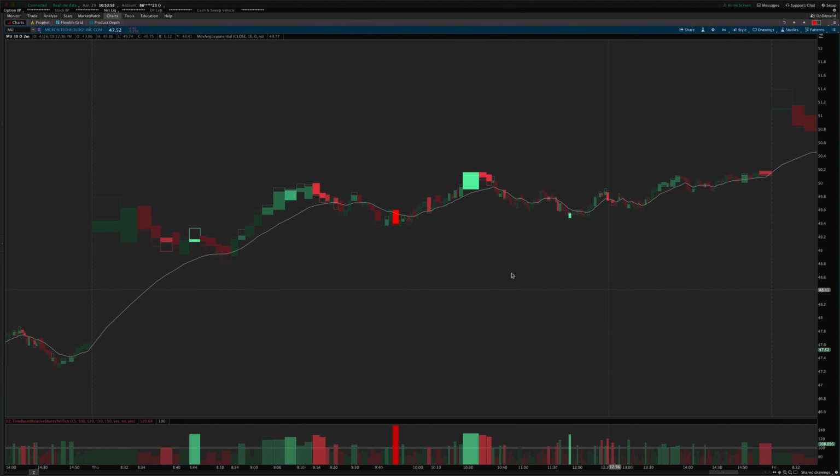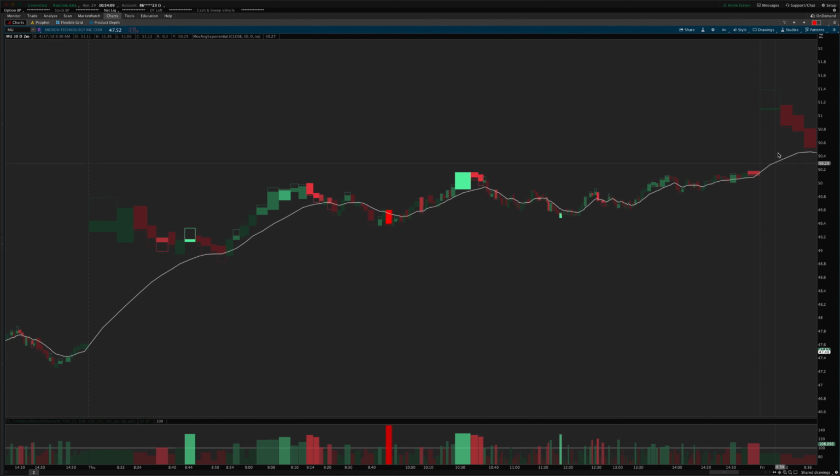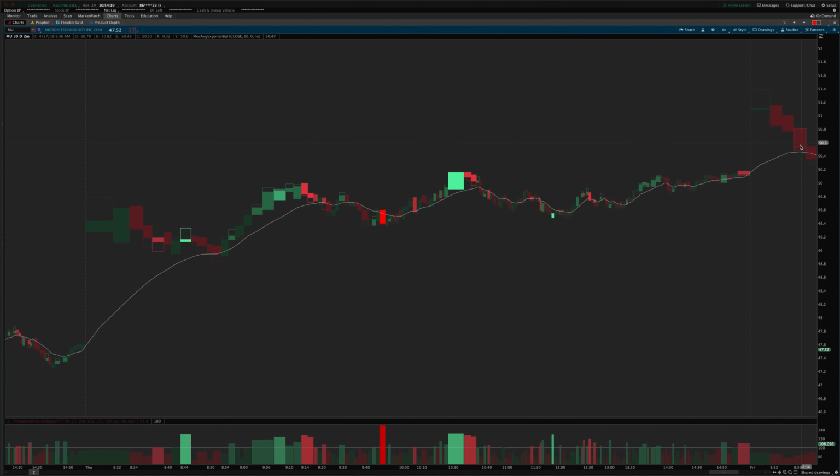So I guess as a quick example here, if you see the morning, we had a lot of high volume come in, a topping tail on a high volume bar, and then we had several high volume candles come in pushing down and closing near the lows.